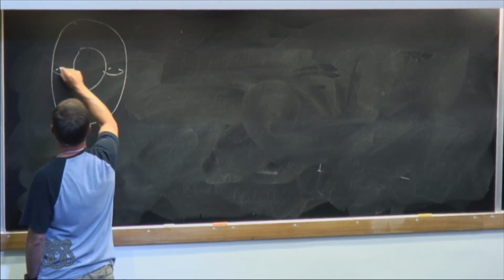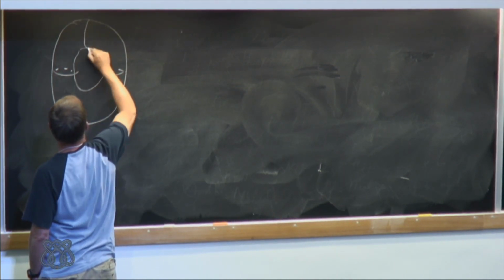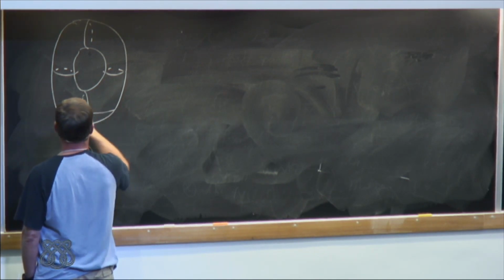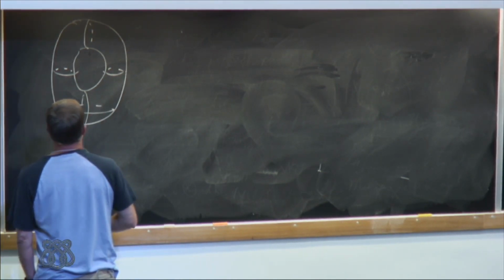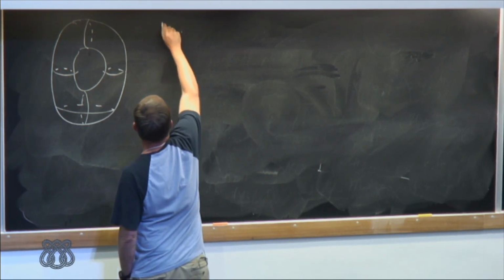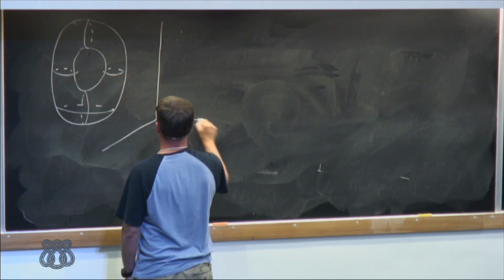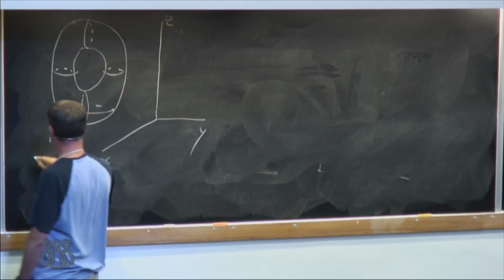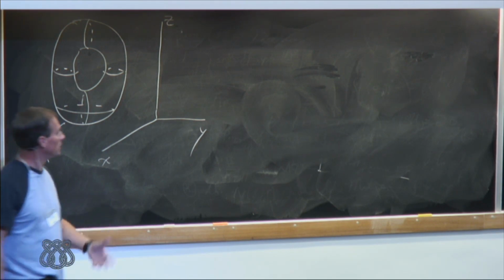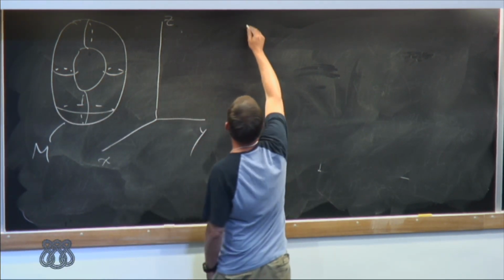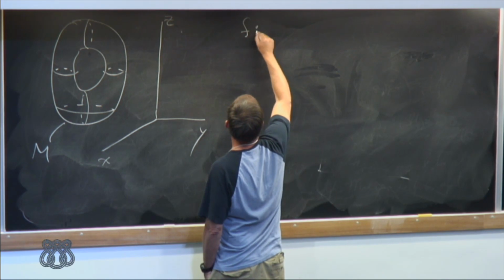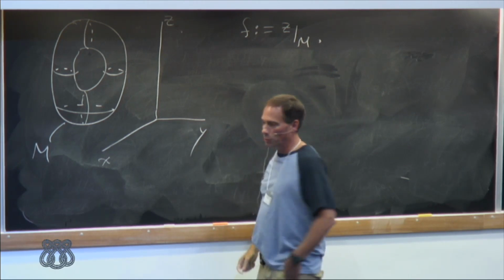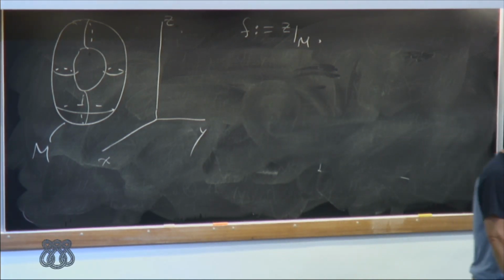Take a torus, which is sitting vertically in space. So call this M. It's a smooth manifold. And we want to look at our function f being the z-coordinate restricted to M. So the height function on this vertical torus.